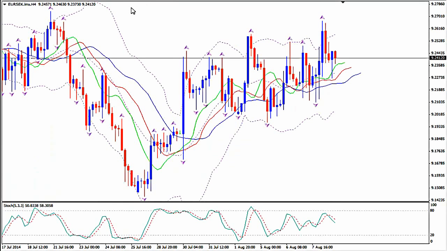On H4 we see a downward move for now, and stochastics confirm that. The candlesticks confirm that, although the pair approached the median Bollinger Band, it made a swing low below it.